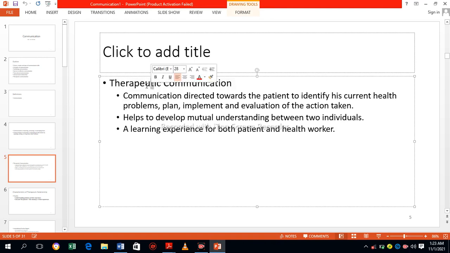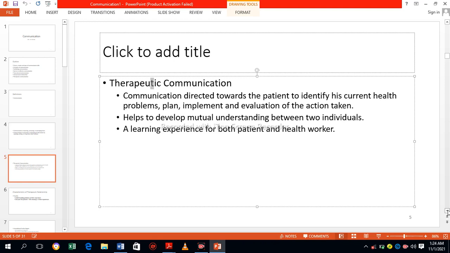Therapeutic is coming from the term therapy. And you know that when we talk about therapy, it's more of talking to someone, trying to understand what they're passing through. So therapeutic communication is a specific type of communication where a patient has a conversation with a medical health personnel to help them know about their current health problems and the plans they can implement and evaluate, the action they should take to help the patient out.